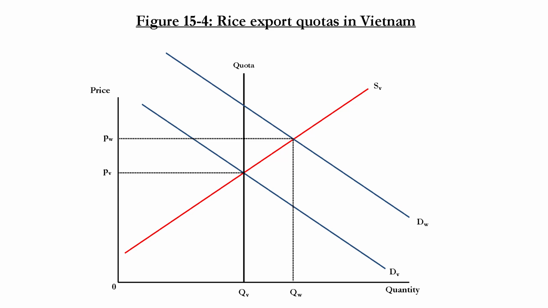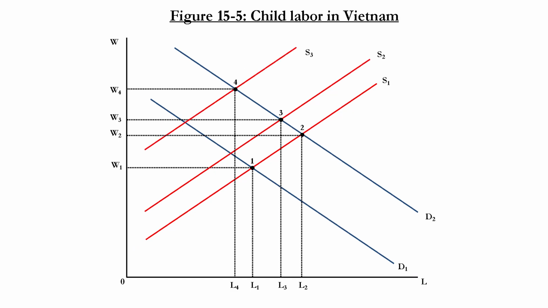Q sub W is higher than QV. To produce more rice, you have more workers. Some of those workers are kids, so that shifts out the demand for child labor from D1 to D2. And therefore increases the amount of child labor from L1 to L2. And that is the story for why free trade increases child labor.